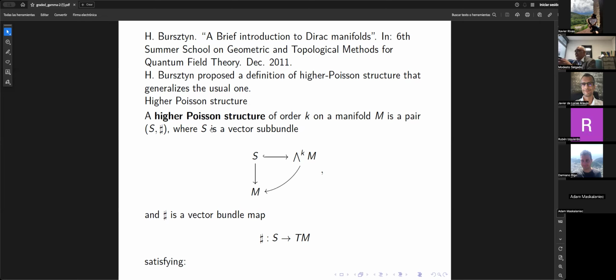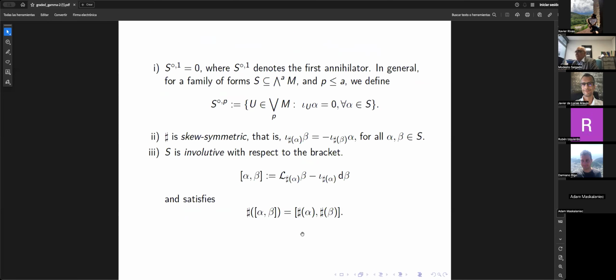And so he considered a vector subbundle of the space of k forms, and a mapping from this space of k forms to Tn, satisfying some properties. And this is the bracket.